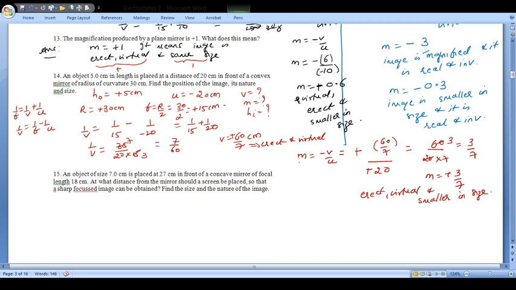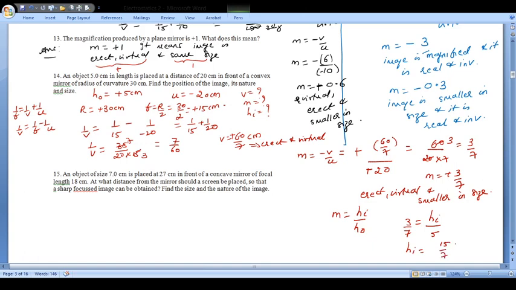But then they are asking you HI also. We know that magnification is equal to HI upon HO, that is, height of the image upon height of the object. Magnification is 3 upon 7, which is equal to height of the image, which we don't know, upon the height of the object. Height of the object is 5. So you will get HI is equal to 5 times 3 is 15 upon 7.